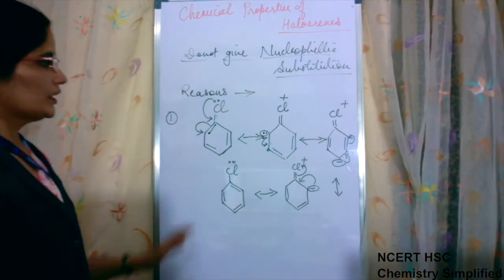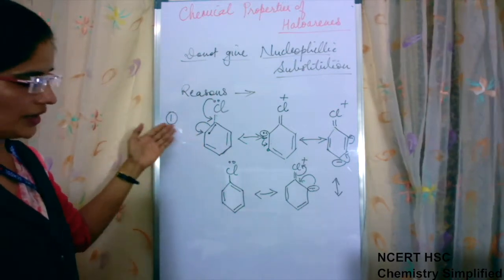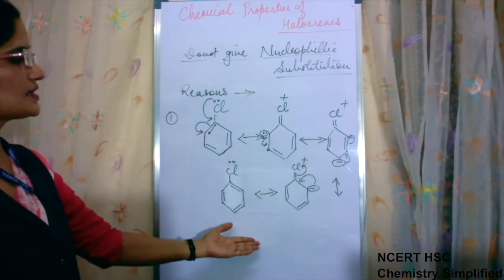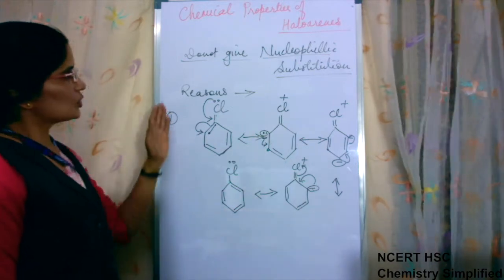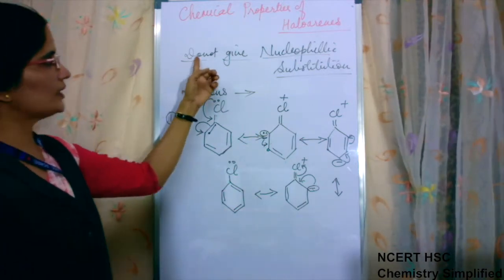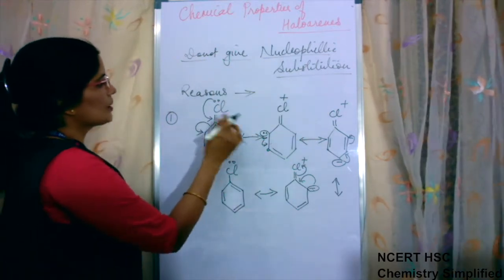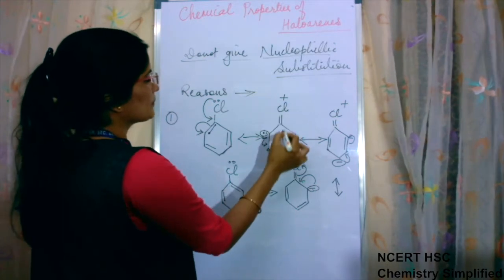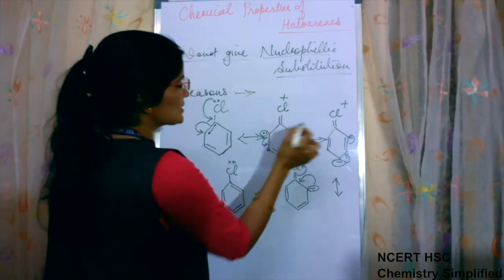Okay, it was not necessary to draw these structures here, but anytime you can be asked to draw these structures, so you should know how actually they are formed. So here, the first reason why they don't give nucleophilic substitution reaction is that the bond between chlorine or halogen and the benzene ring is not a single bond.